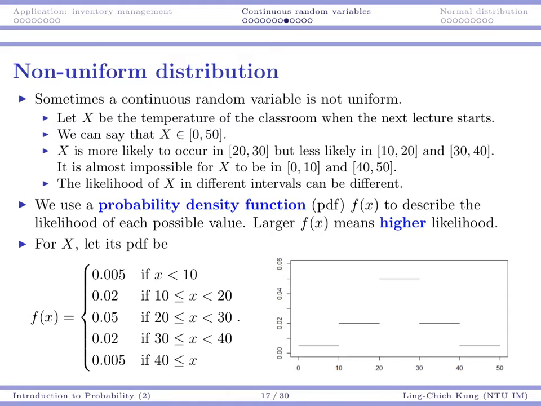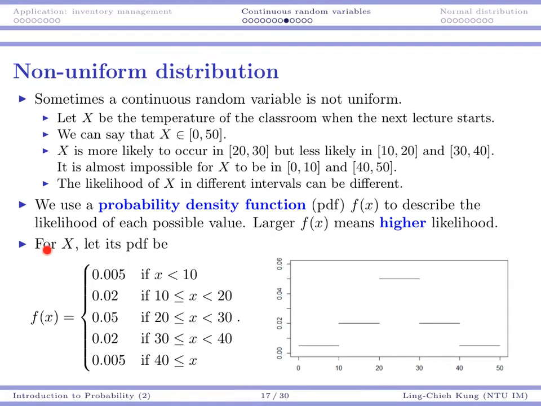However, the relative height of f(x) can tell you something. When you have a random variable and its PDF, when f(x) is higher here, then the probability for you to see x located here would be higher.